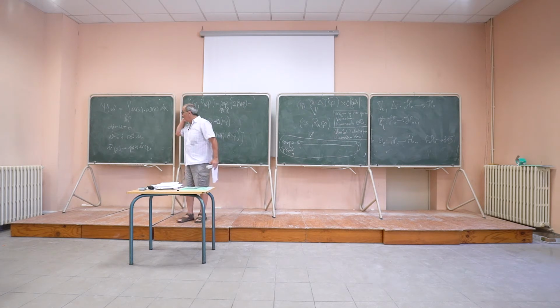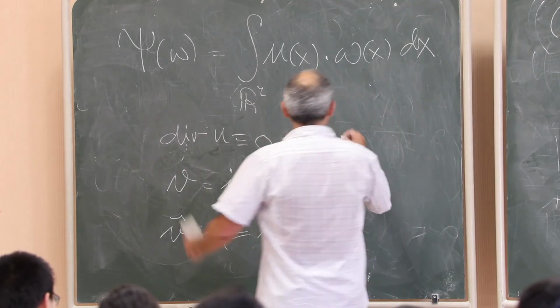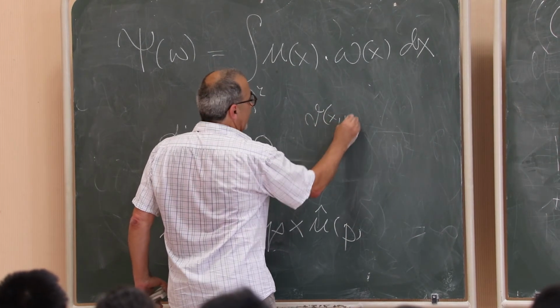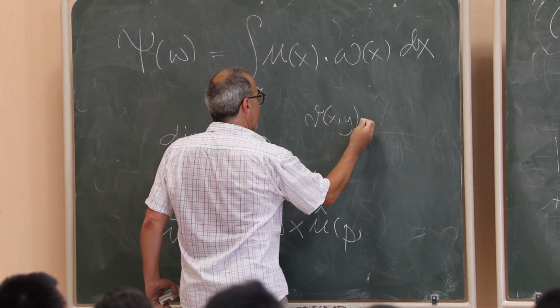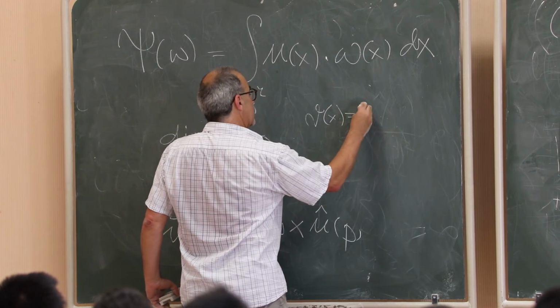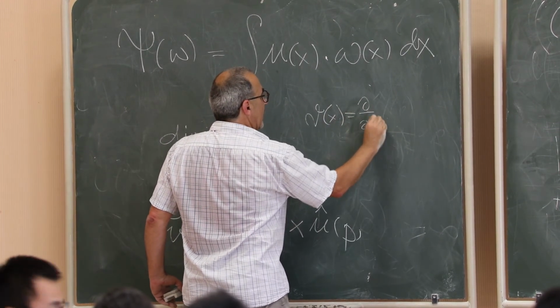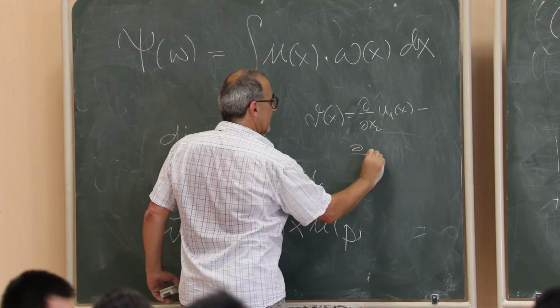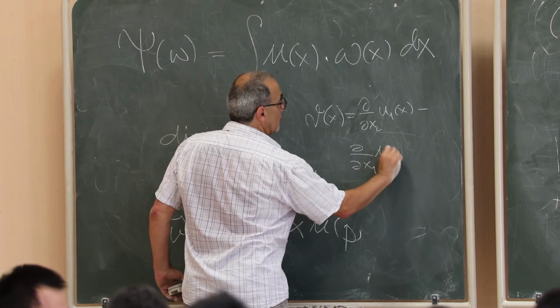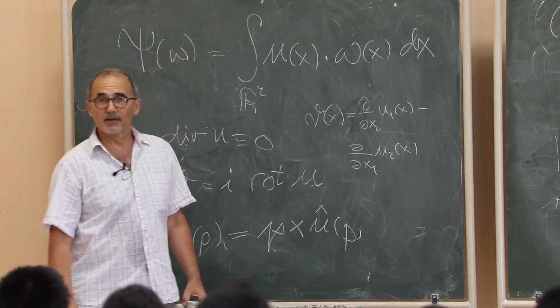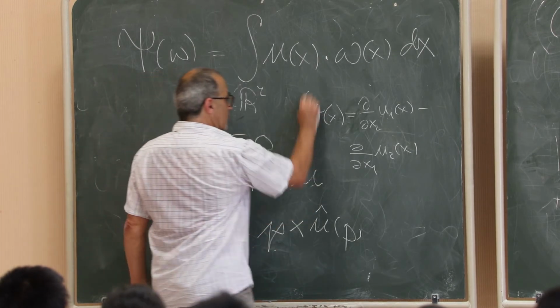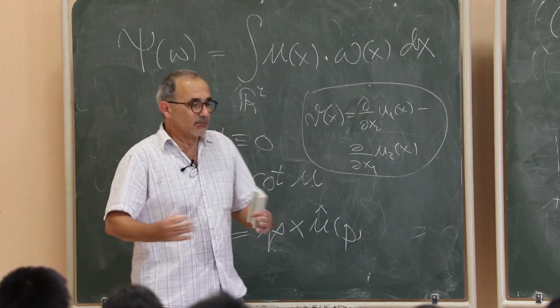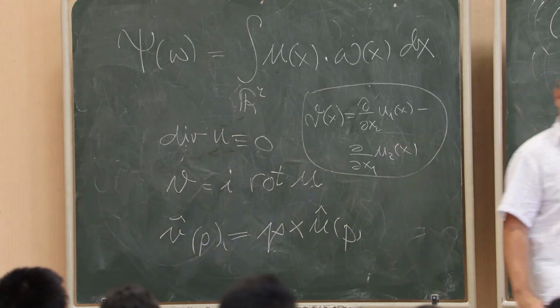Define the V. V is the rotation of u. How do you rotate? V of x is d by dx2 of u1 of x minus d by dx1 of u2 of x. So in 2 dimensions, curl and rotation are dual, adjoint things of each other.